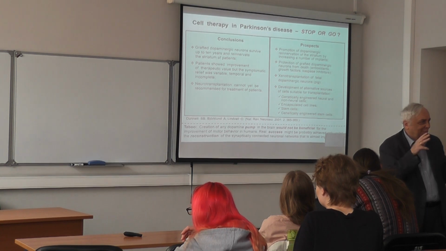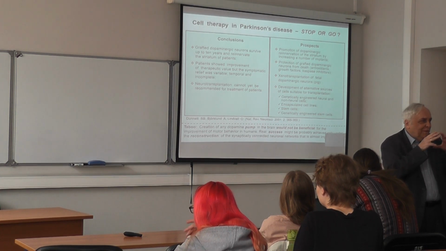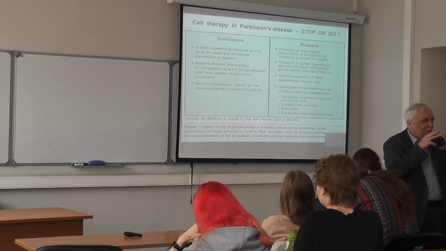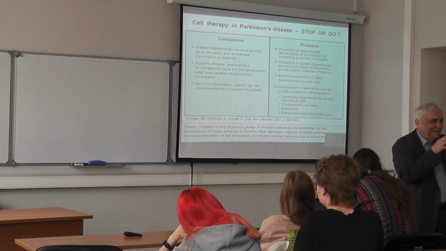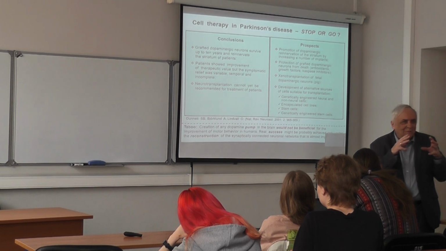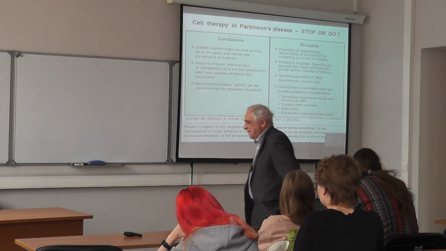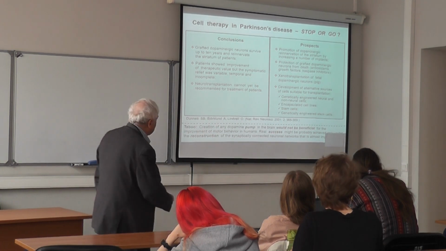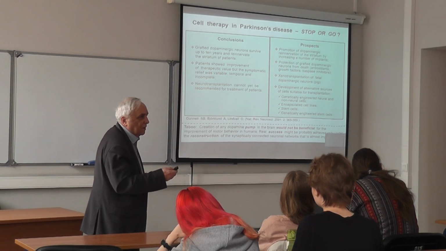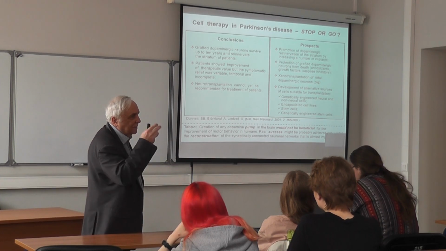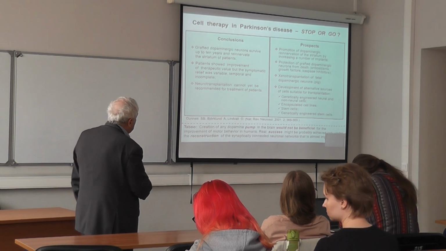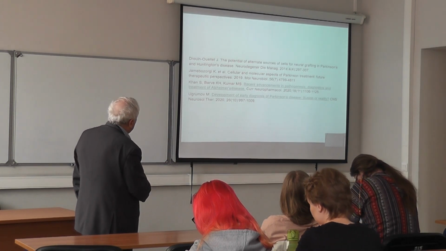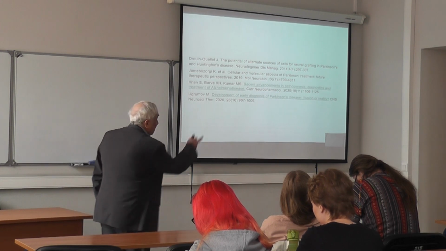Always different. So we are not capable nowadays of reproducing certain synaptic relations between certain neurons. We don't know how to do it. There is a biological restriction, and therefore I consider it a taboo. And this is the case because all these neurons were used for transplantation with no positive effect.